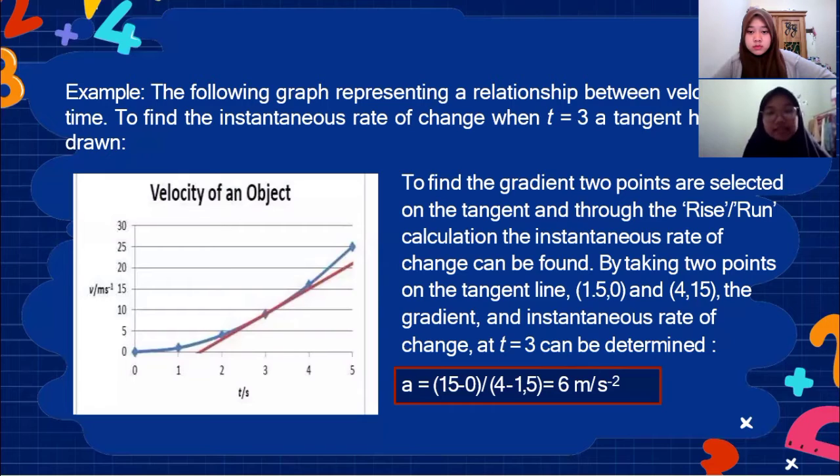Acceleration is 15 less 0 over 4 less 1.5. So this is equal to 6 meters per second squared.